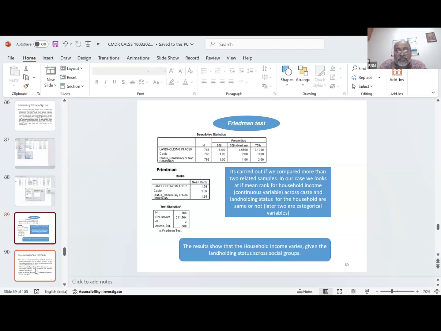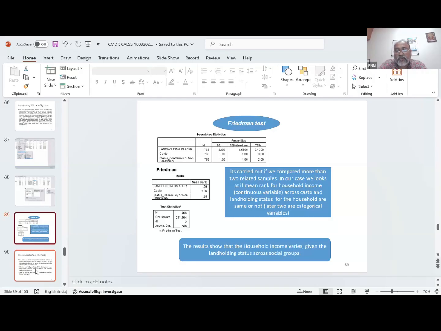Now, here also you have some chi-square results. So how to interpret it? The Friedman test is carried out if we compare more than two related samples. In our case, we look at whether the mean rank for household income, which is a continuous variable, across caste and landholding status for the household is the same or not.